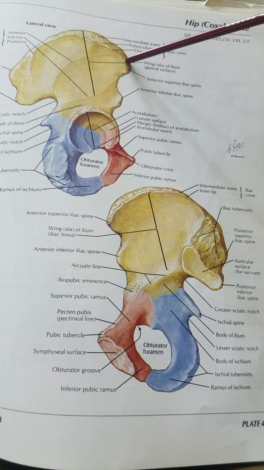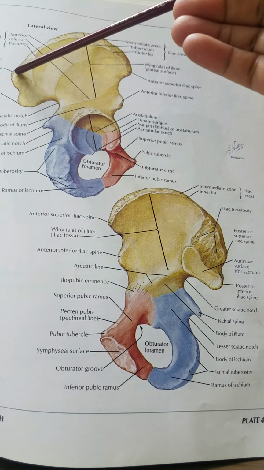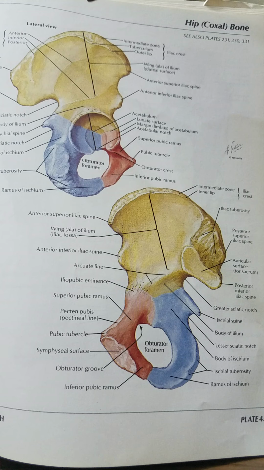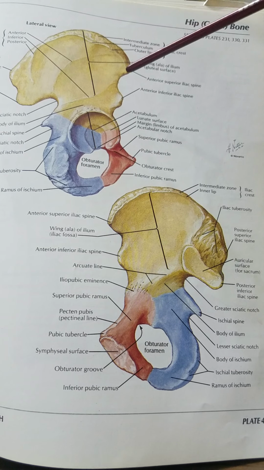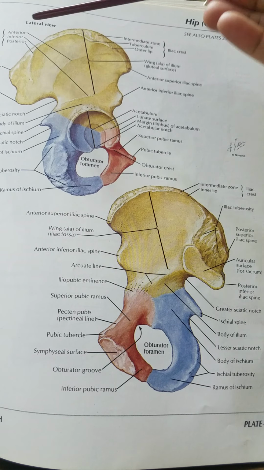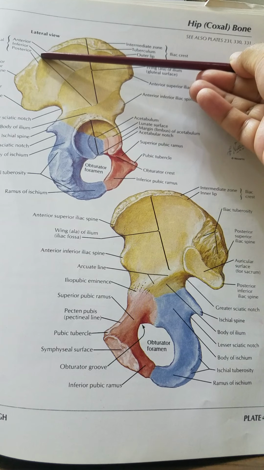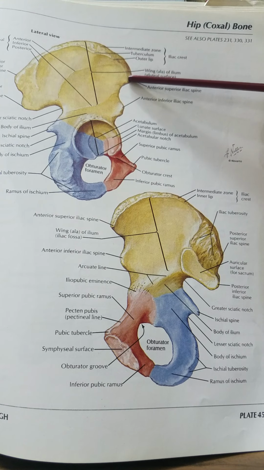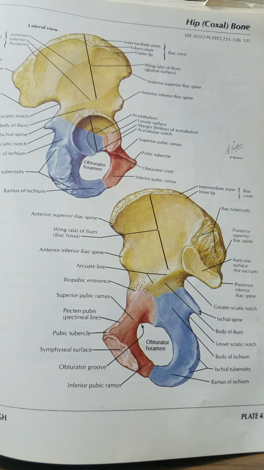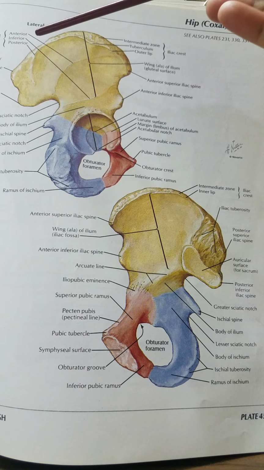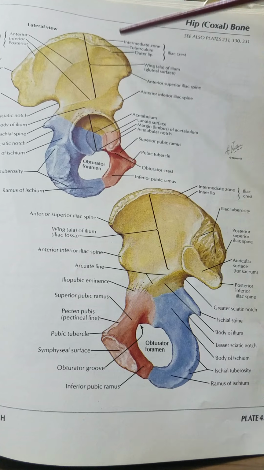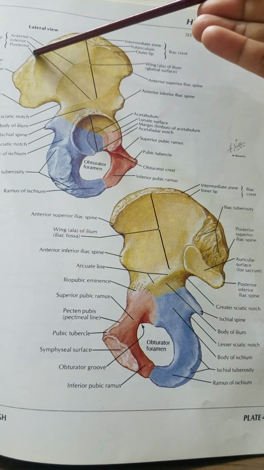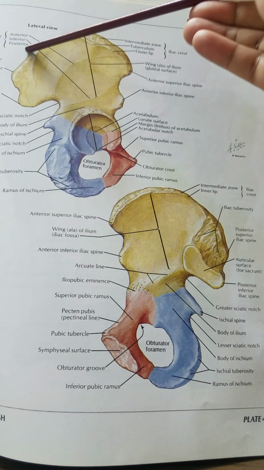Now let's start with the upper end, which forms the iliac crest. The iliac crest has an anterior part. The anterior 2/3 of this iliac crest forms the ventral part, and the posterior 1/3 or the dorsal part is this part right here.